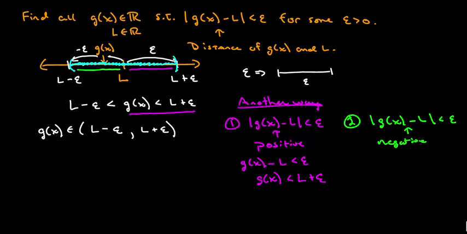Again, certainly possible, because we're looking at distance, so it can fall to the left or the right of L. Now, if it falls to the left of L and this is negative, then to get rid of the absolute values, we have to put a negative out front. If I multiply everything by negative 1, I get this.